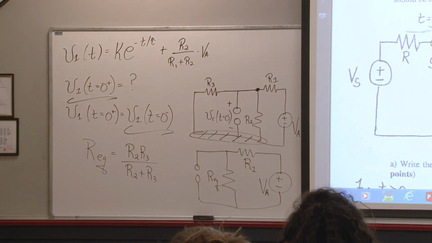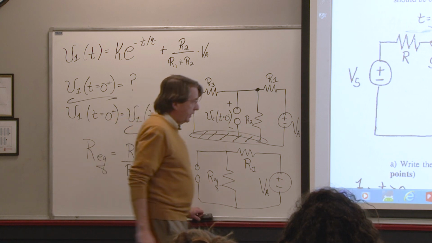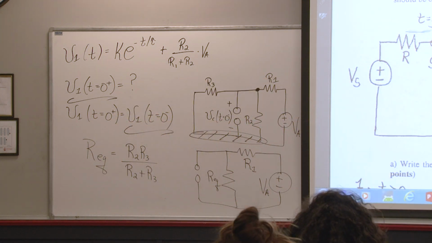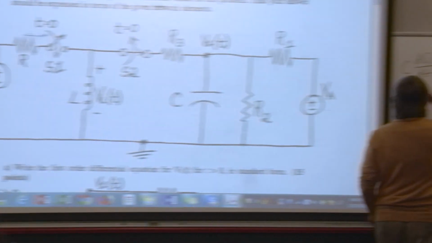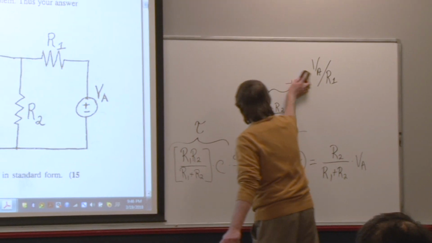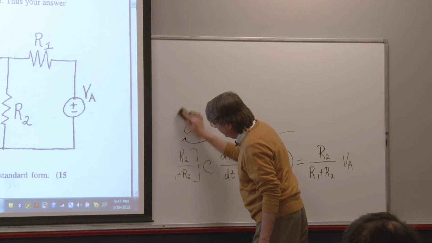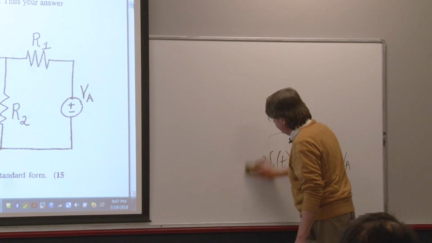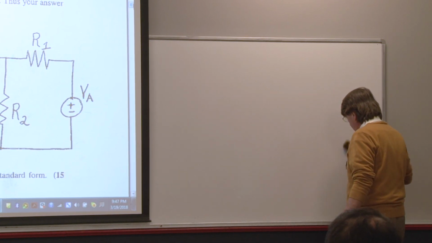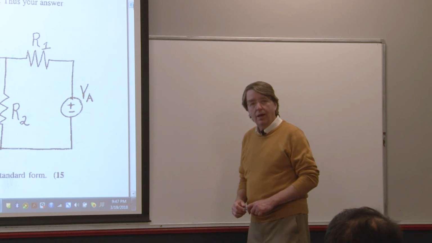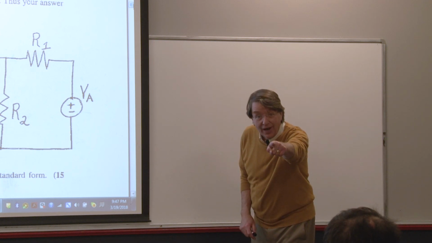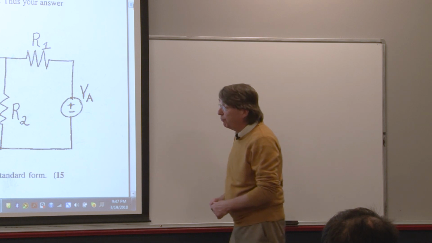My colleagues, I'm going to walk over to the other side of the board to erase it to write the answer. But I need someone to help me out. What is an expression for the voltage across the capacitor at t equals 0 minus? What do you think? Excellent, Tiger. Voltage division principle.